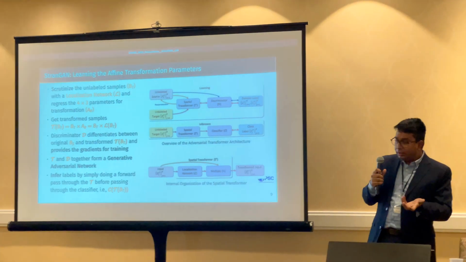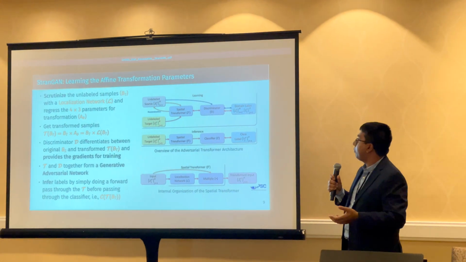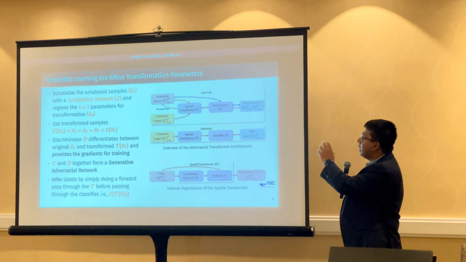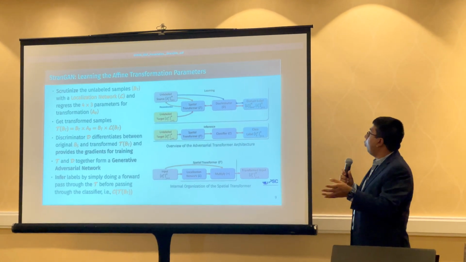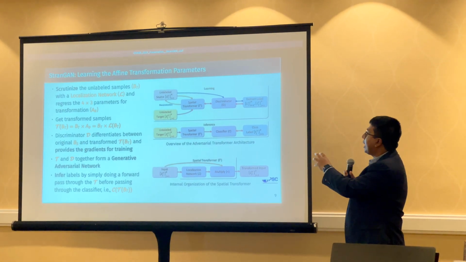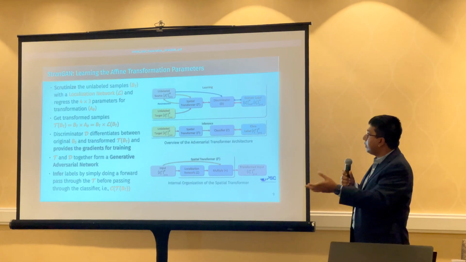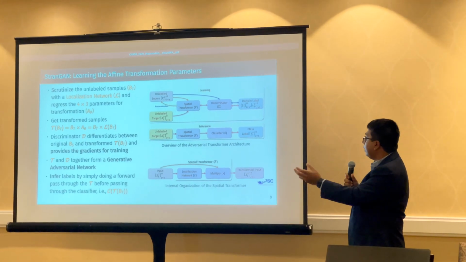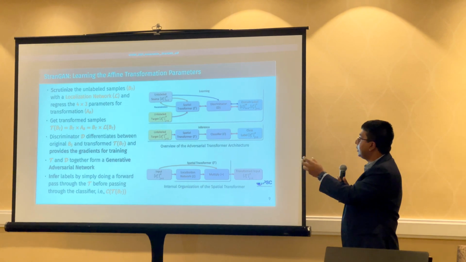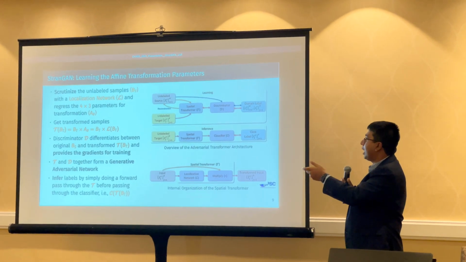Here's what we came up with. The idea is to scrutinize the unlabeled samples, that is BT, the target batch, with the localization network, that is L, regress the 4x3 parameters for the transformations, and get the transformed samples by multiplying the target data with that set of parameters.